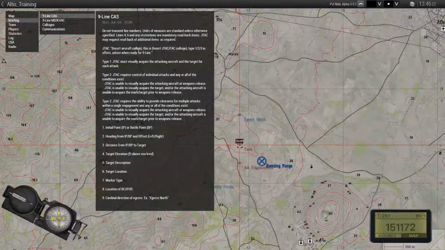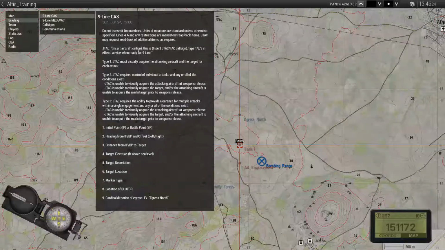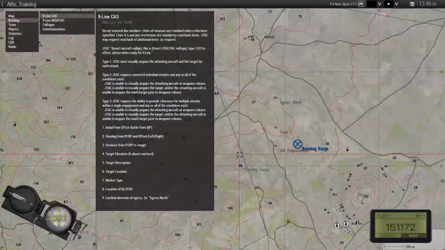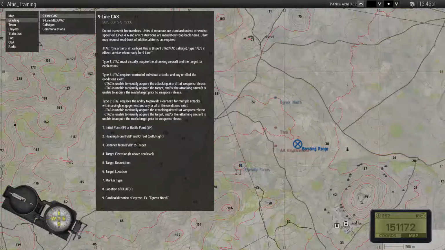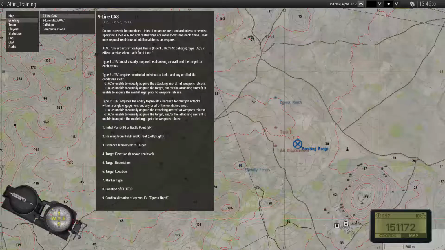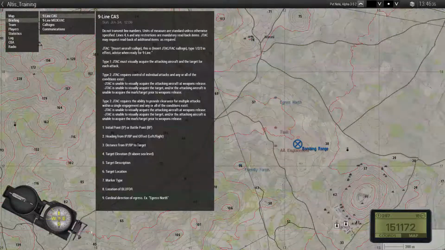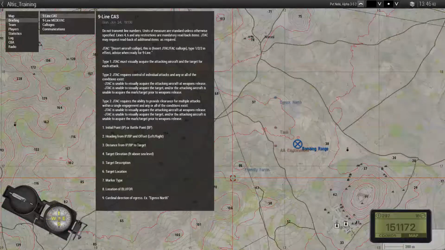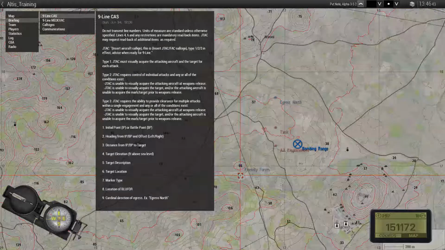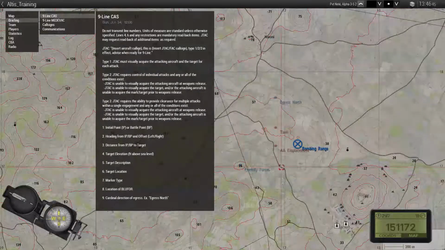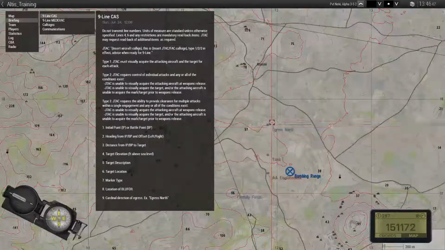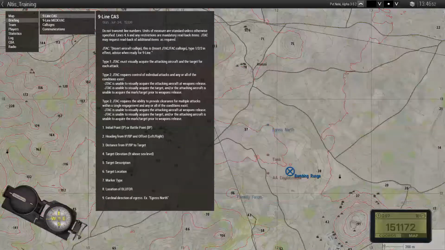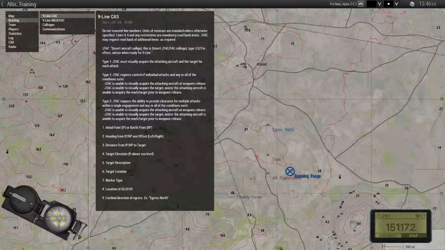Yes. Line 8, friendly position. Yep. And finally, line 9, egress position. Yes.